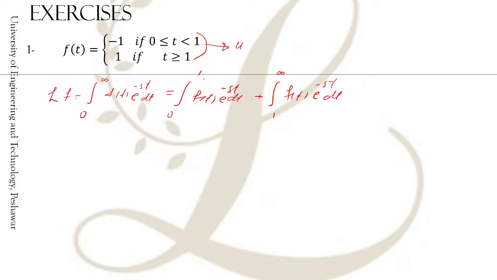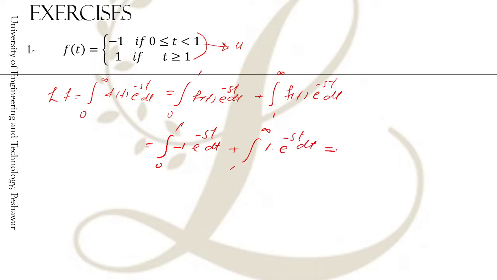Now from 0 to 1 the function is defined as minus 1. So from 0 to 1 this is minus 1 e power minus st dt, plus from 1 to infinity the function is defined as 1 e power minus st dt.